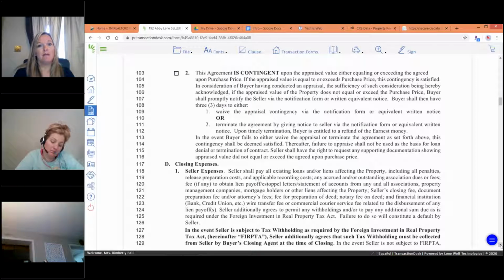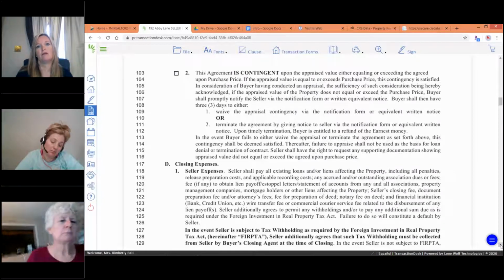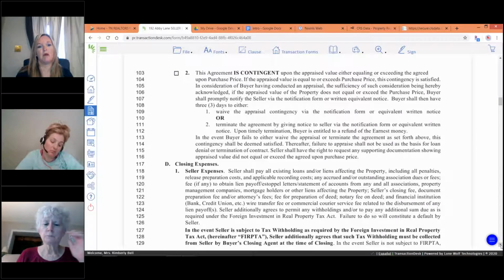Then you would make an amendment to the contract and change whatever it is that the purchase price is going to be, less, or that they're going to split it down the middle, that it didn't appraise and we're going to split it down the middle, but it needs to be done within 3 days. If not done within 3 days, then you need to go ahead and terminate the agreement so that the person can get their earnest money back. Just because you're negotiating doesn't waive that 3 days.